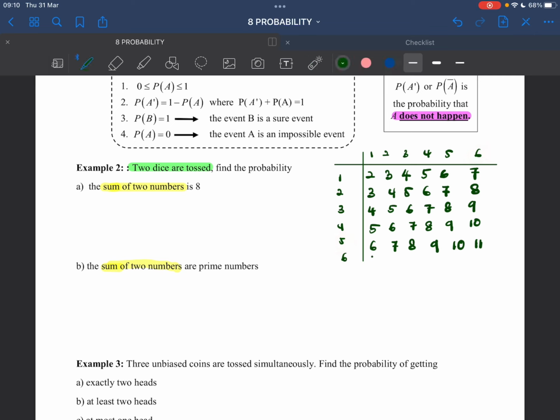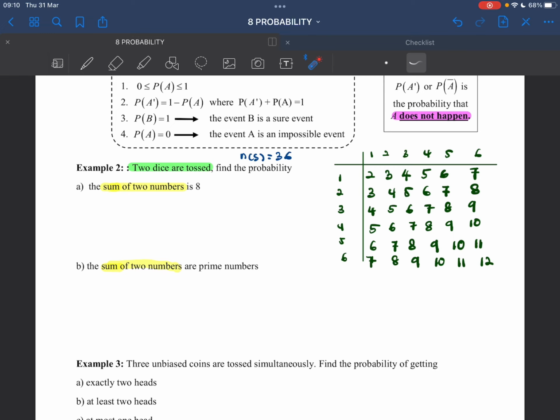The last row has 7, 8, 9, 10, 11, 12. The total sample space is N(S) equals 36, because 6 times 6 is 36.